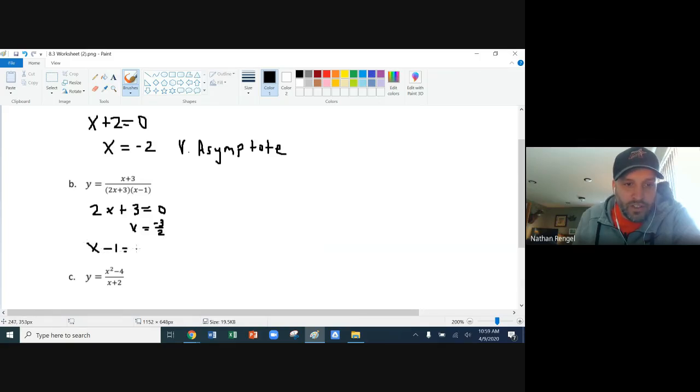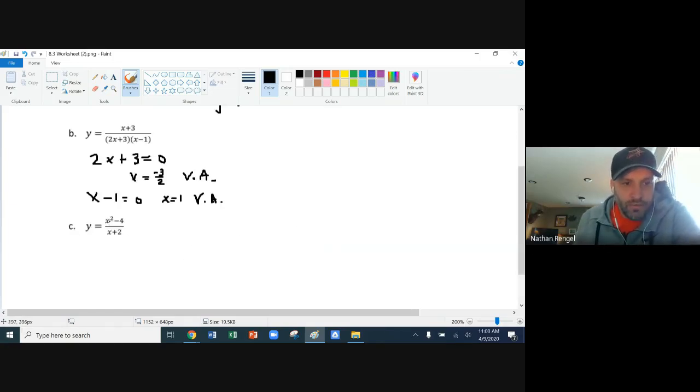That one we can just solve in our head. x equals 1. So there's your 2 points of discontinuity. Then you're checking again. Do they remove? Nope. So this one is going to be a vertical asymptote, which I'm going to abbreviate as VA. And this one, vertical asymptote. Both of those will be vertical asymptotes.